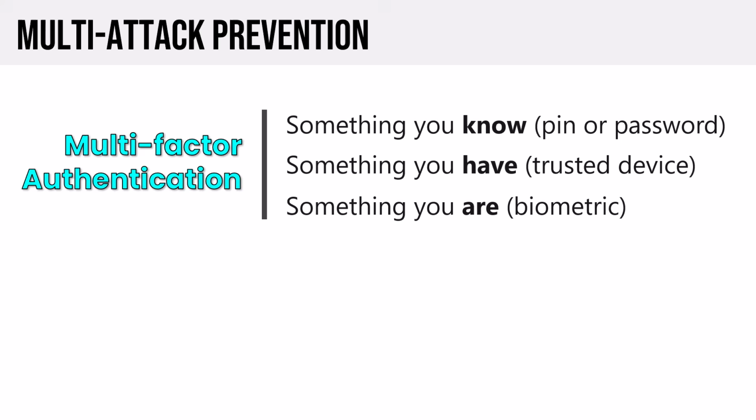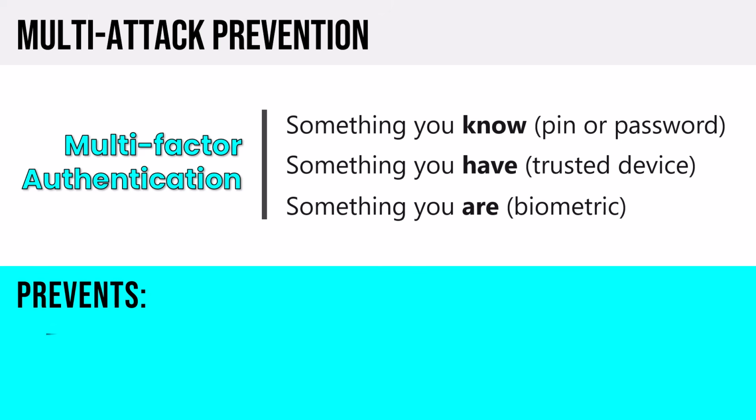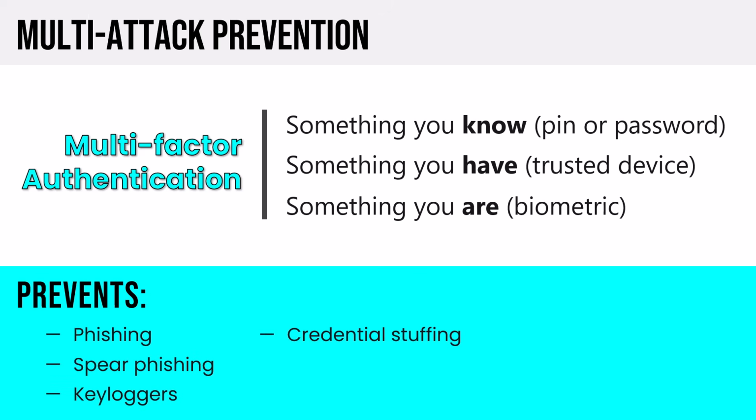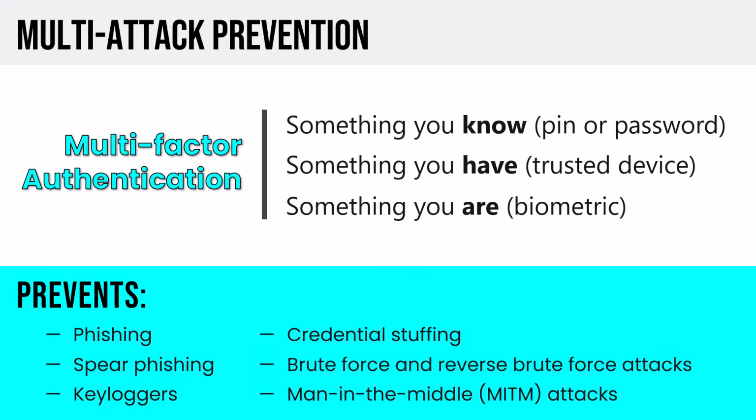It's really common that we use Face ID or thumbprint on our mobile devices now. And this is going to be a prevention mechanism for multiple types of attacks: phishing, spear phishing, keyloggers, credential stuffing, brute force, reverse brute force attacks, man in the middle. MFA can solve a lot.